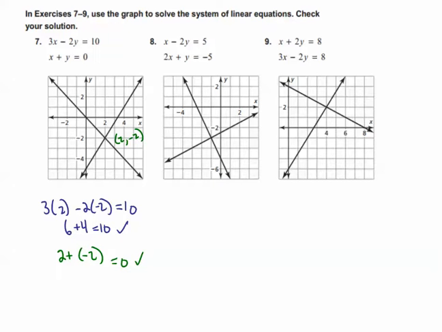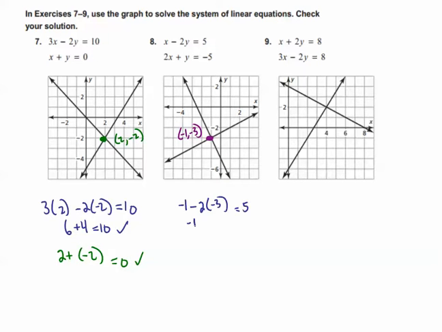The second system of equations, it appears that our solution is at x is -1, y is -3. All right, so then we need to test this out. In the first equation, x is -1 minus 2 times -3, and does that equal 5?